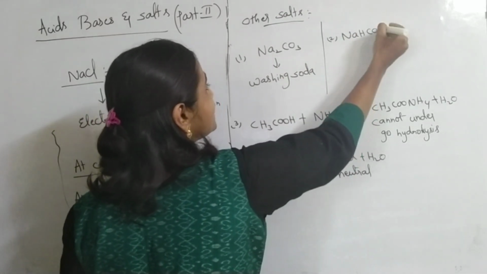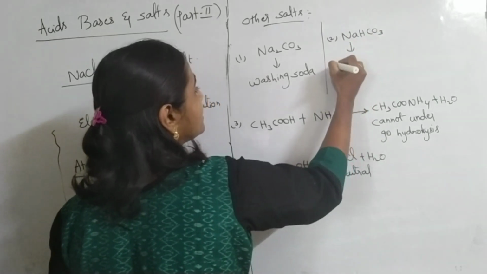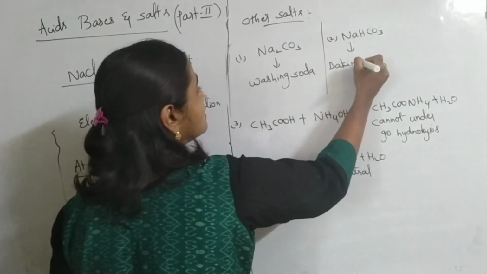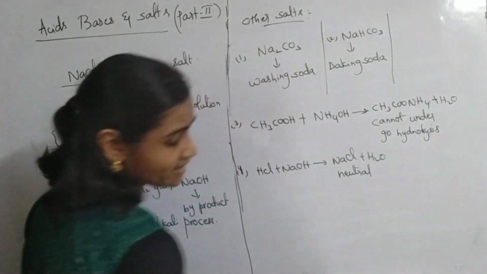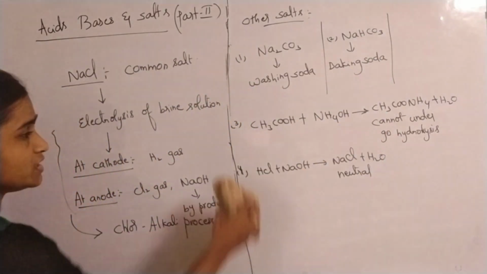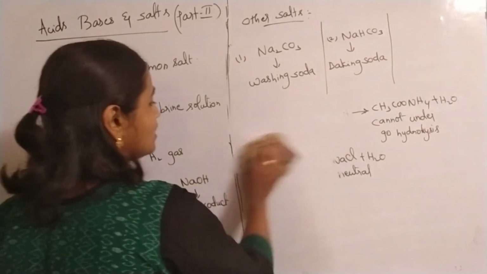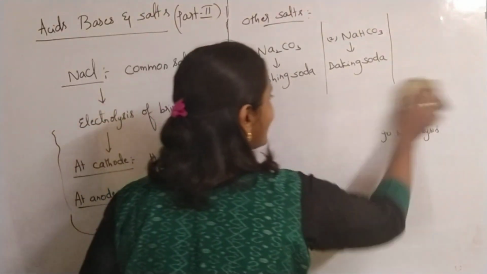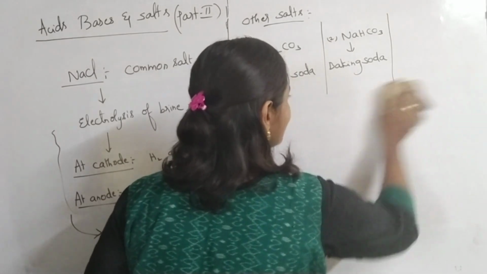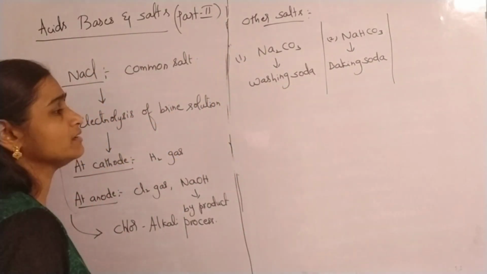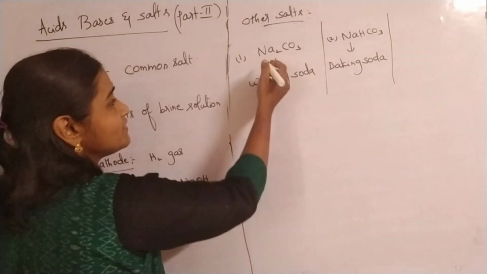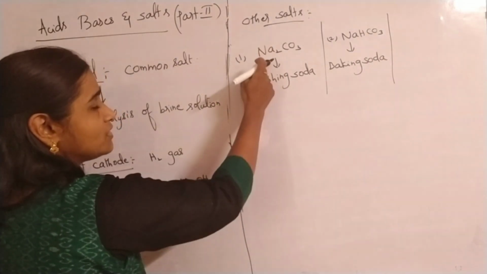And you will also be getting other types of salts. If you add chlorine gas to calcium hydroxide, you will be getting bleaching powder. First let us have an idea about Na2CO3.